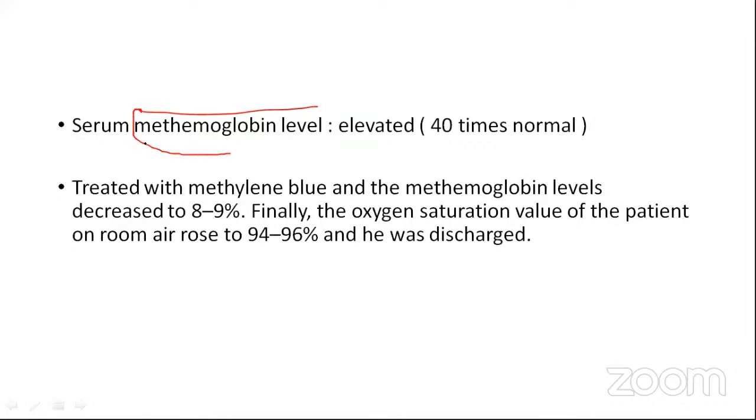Since you are thinking of a methemoglobin elevation, you want to ask something in the history that can be significant. Drugs. Good. Excellent. What drugs do you want to think of? Drugs causing methemoglobinemia. You are thinking of drugs. Anything else that can be there?